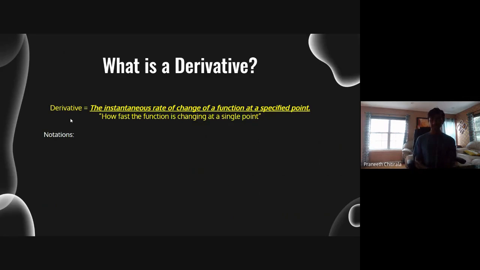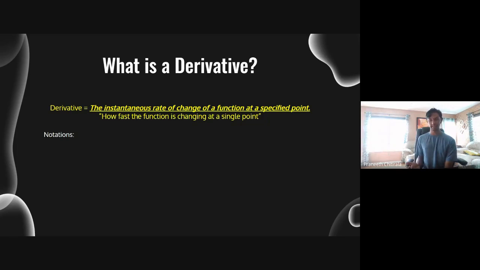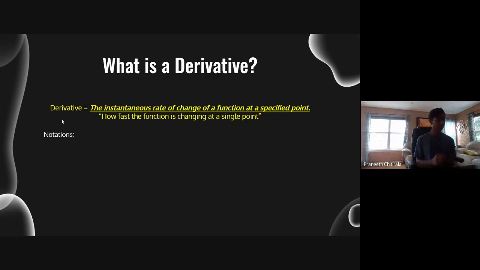Essentially, the derivative is how fast the function is changing at a single point. So unlike the secant line, the derivative determines how fast the function is changing instantaneously, or at a single point in time.